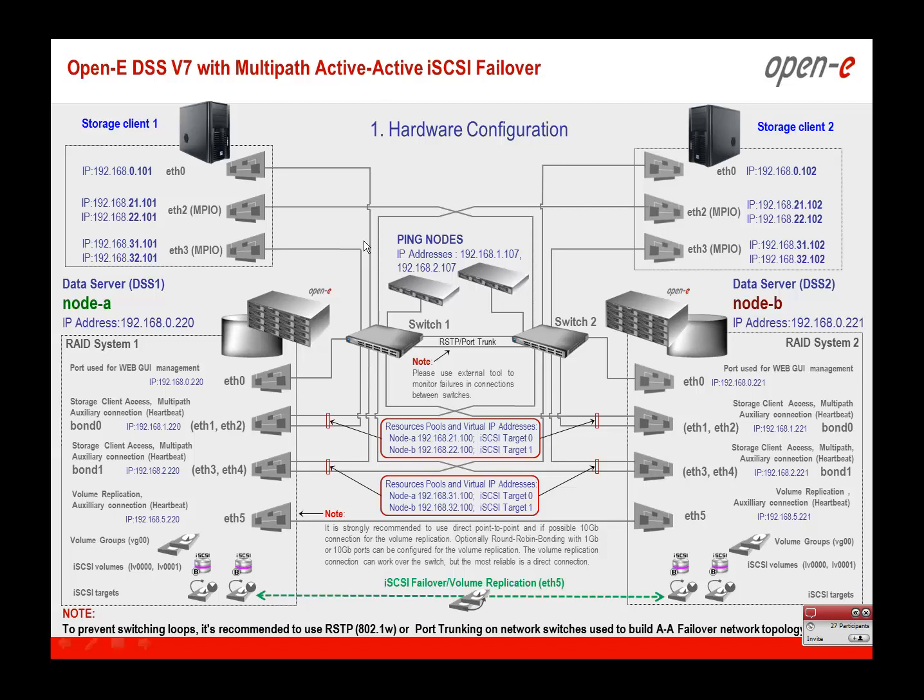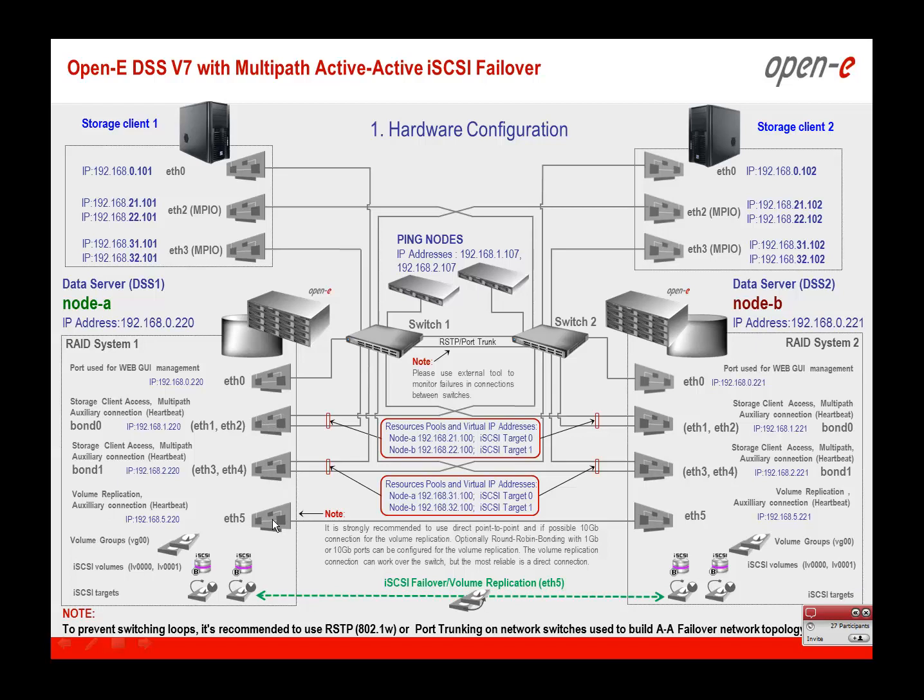Next point, of course, our node A and our node B for our cluster. As you see, we have some more network ports than usual. Usually we were using 4 network ports. Today in my chart I have 6 ports, right?